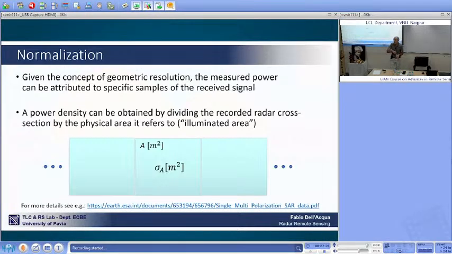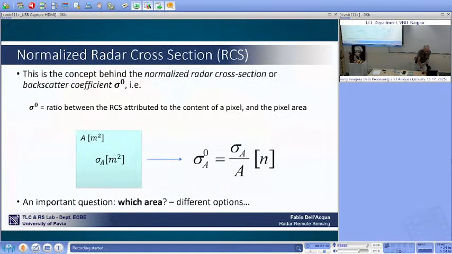I stop here. I don't think this is very interesting for you, but please remember that when someone talks about radar data and it's called density of radar cross-section, that's what they are talking about. And it's typically reported as sigma naught.